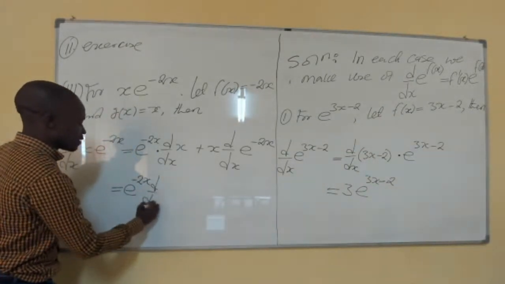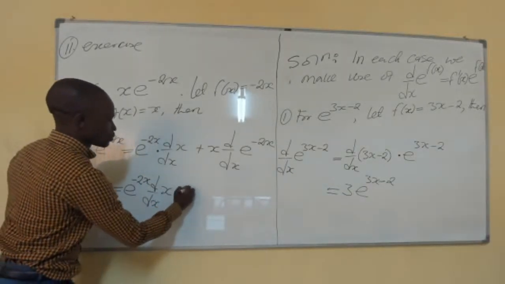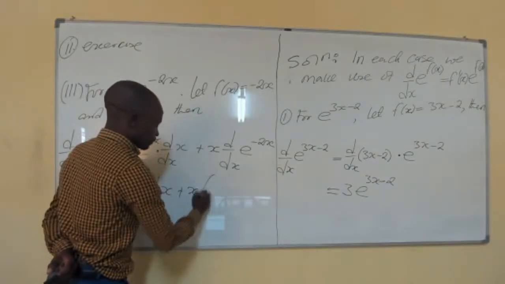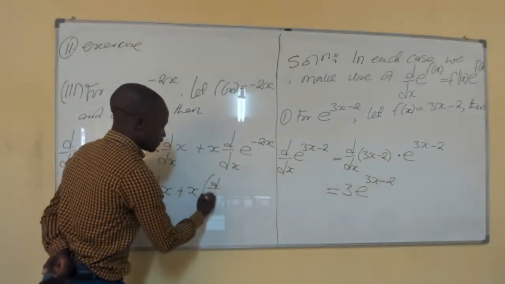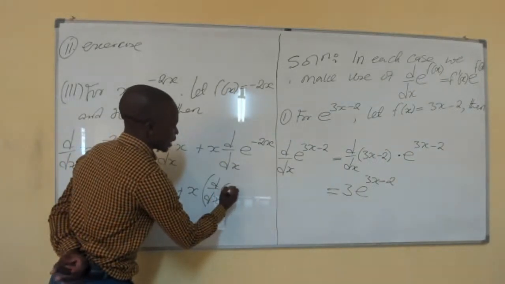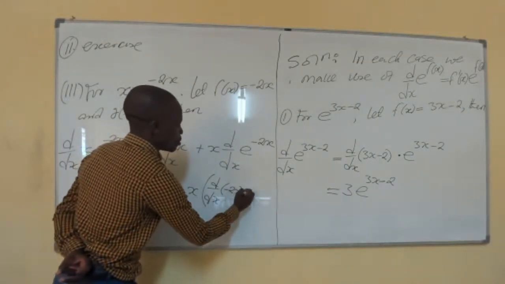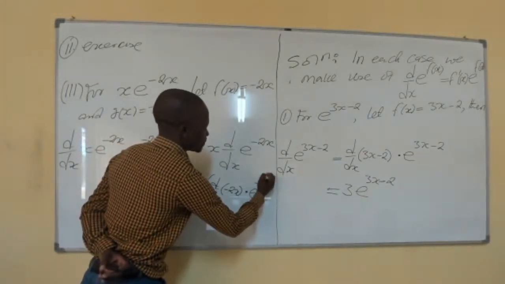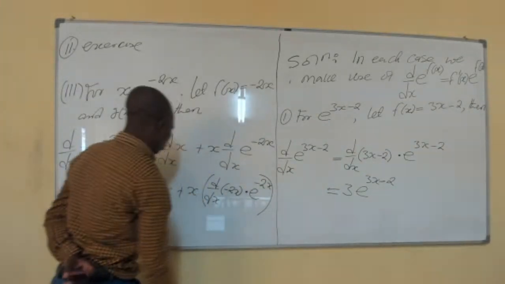So in this one, we are going to have x multiplied by the derivative with respect to x of negative 2x multiplied by e to the power negative 2x. That is what we are going to get.